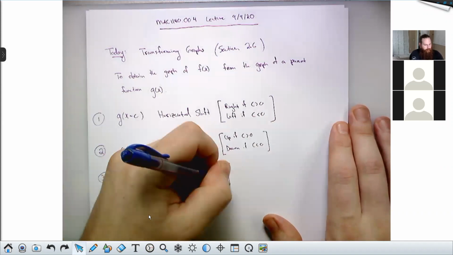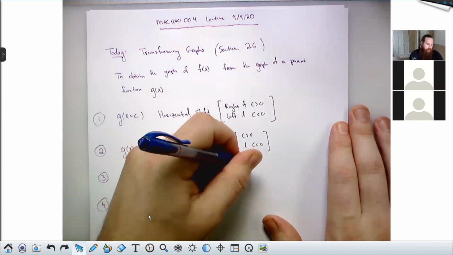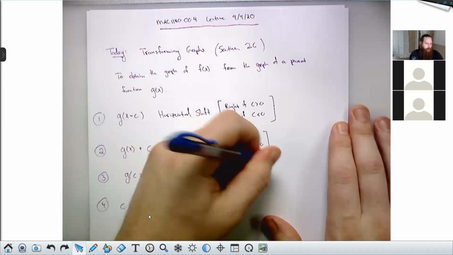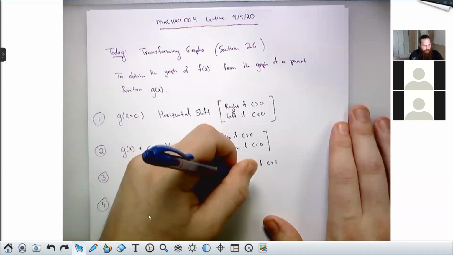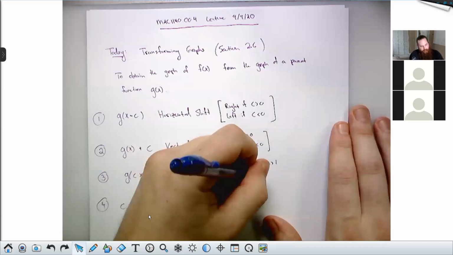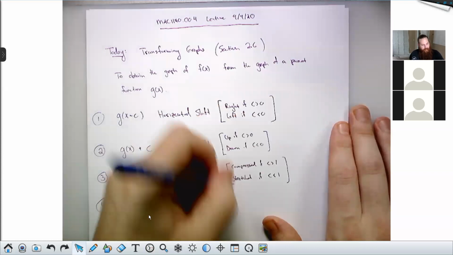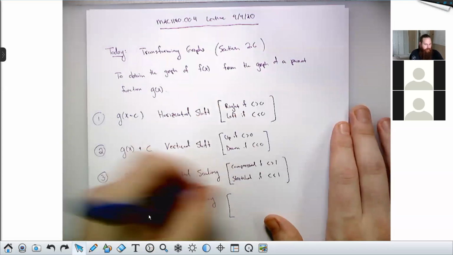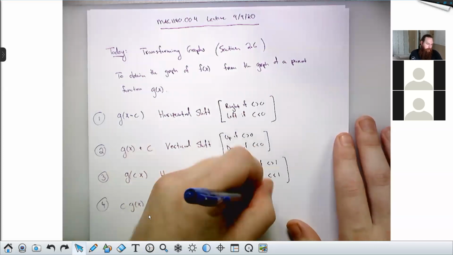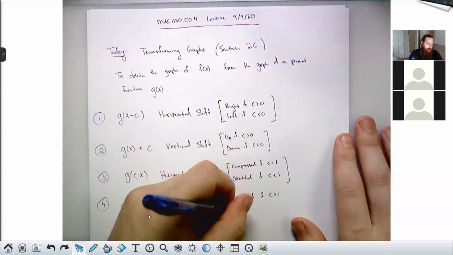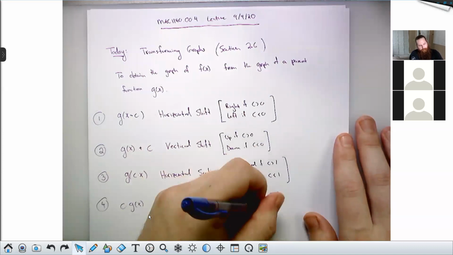Here, you will be compressed if C is bigger than 1, and you'll be stretched if C is less than 1. And here, you will be stretched if C is bigger than 1 and compressed if C is less than 1.